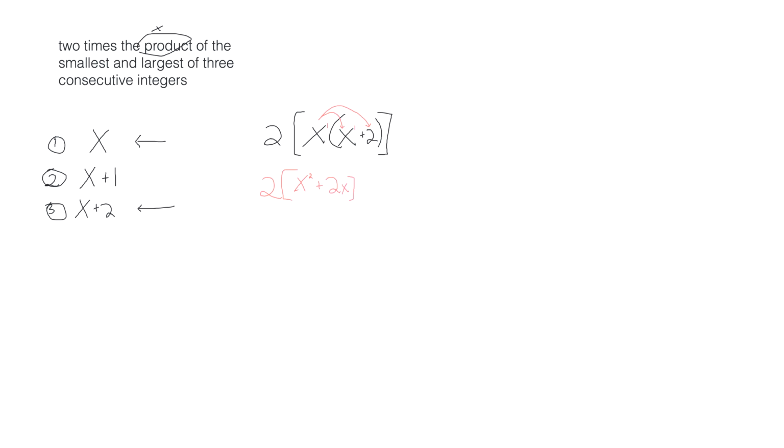So now I'm going to multiply 2 times that. 2 times x squared is 2x squared, and 2 times 2x is 4x. Again, it doesn't tell us what the numbers are, but this is the formula for getting the smallest of 3 consecutive integers times the largest, times 2.